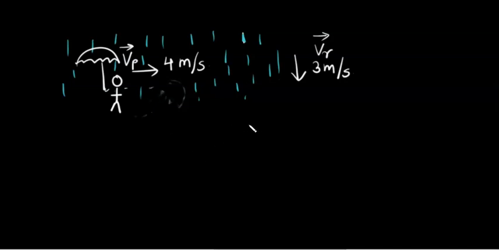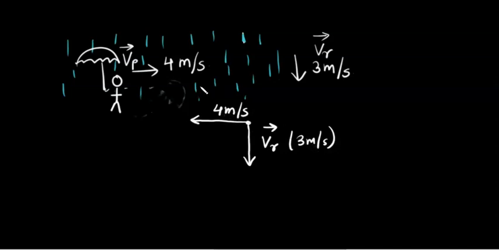The velocity of the raindrop is downward, which is Vr bar, and the velocity of the person is towards the right, 4 meter per second. This is the velocity of the person. But now the velocity of the raindrop will not be just 3 meter per second downwards, but also 4 meter per second towards the left for the person, because the raindrop will appear to move towards the left as well as downwards.